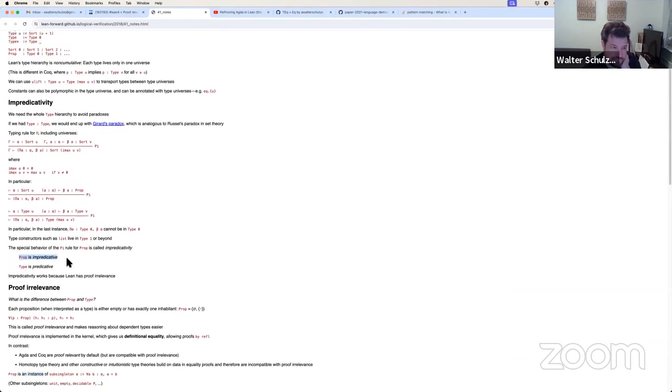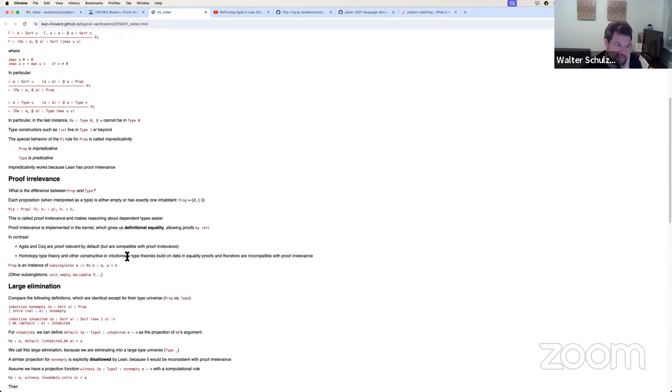They explain how Prop is impredicative, and this only works because Lean has proof irrelevance. Then Prop is an instance of sub-singleton. I don't know what that means yet, but just remember this word.